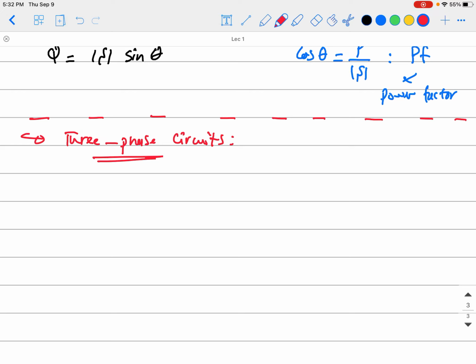Okay, guys, what is this? Rather than just having one voltage signal like this, the circuits we've been talking about have V, and that is the current i of t. Okay, this is a single phase.